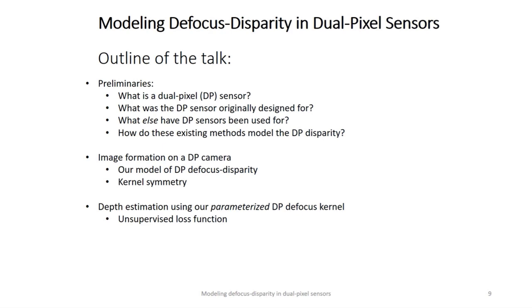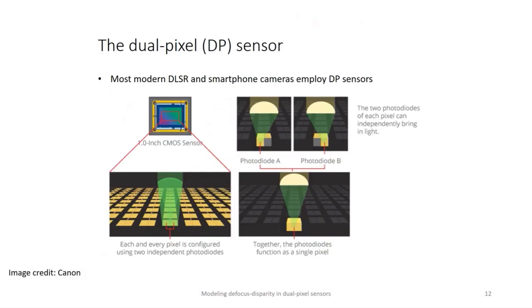One main advantage of our method is that we can exploit the symmetry property of DP kernels to construct an unsupervised loss function that does not require ground truth depth. We will also demonstrate how a CNN can be trained for faster inference. Finally, we will validate our method's effectiveness with experiments on both DSLR as well as smartphone DP data.